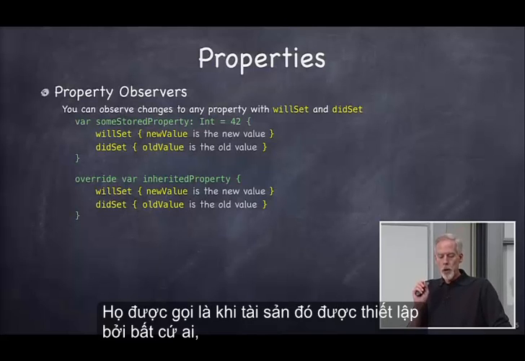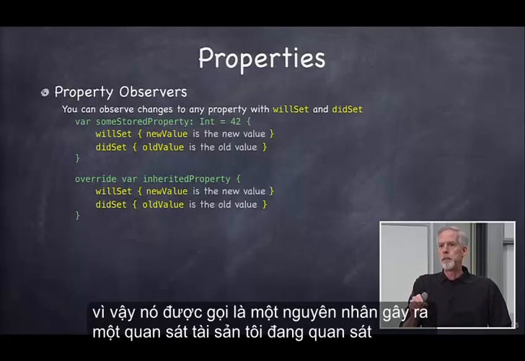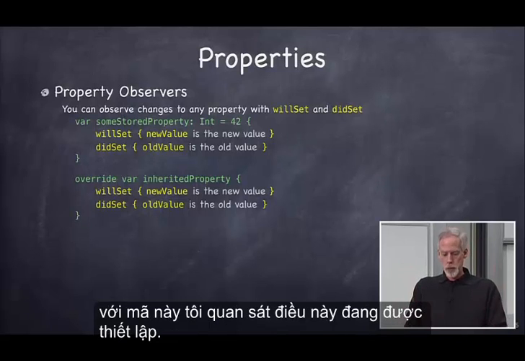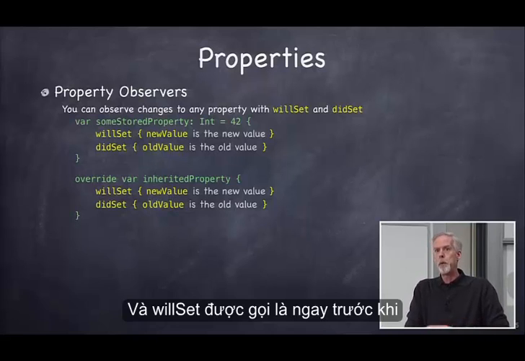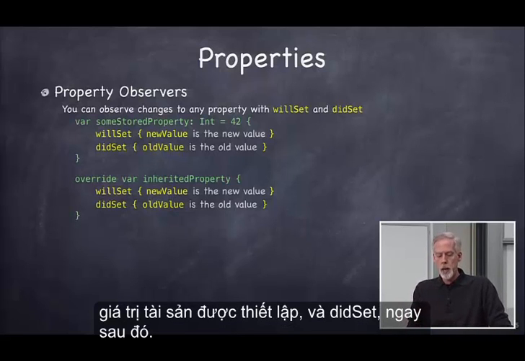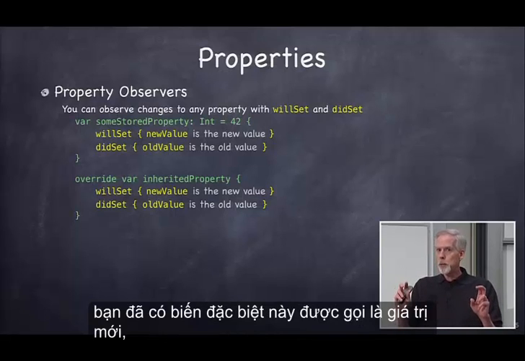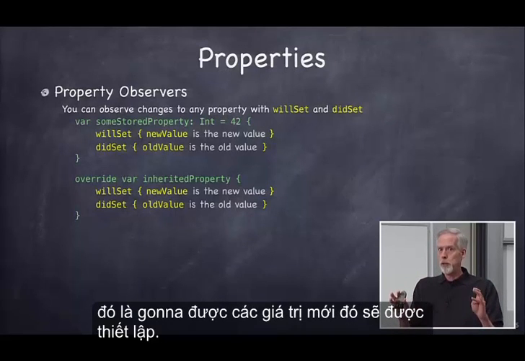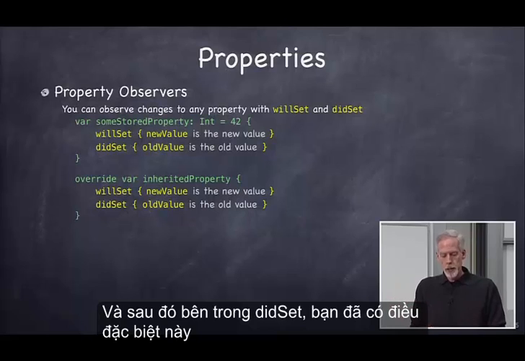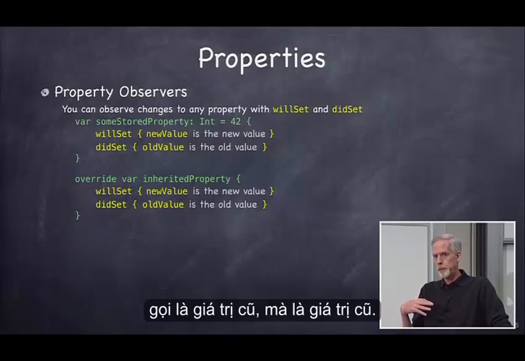They get called when that property gets set by anybody. It's called a property observer because I'm observing, with this code, that this thing is being set. The will set is called right before the property's value gets set, and the did set right after. Inside the will set, you've got this special variable called new value, which is the new value that's going to be set. And inside did set, you've got this special thing called old value, which is the old value.